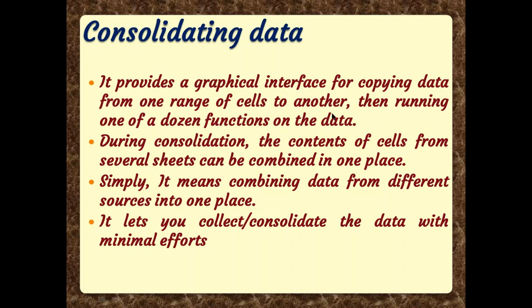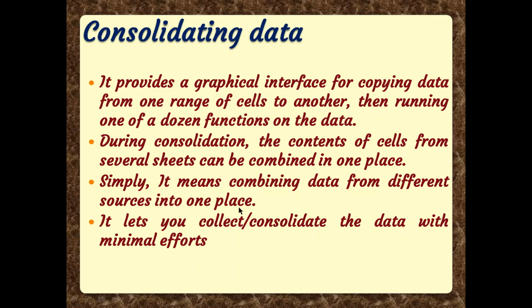During consolidation, the contents of cells from several sheets can be combined in one place. Means if we have specific reports at 4 or 5 different locations, then at one place they can be combined and a summary form can be created without any effort, right? Simply it means combining data from different sources into one place.